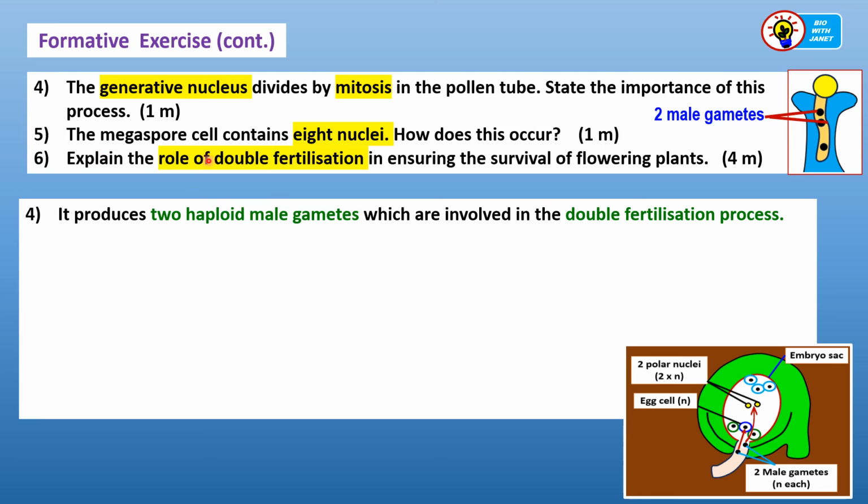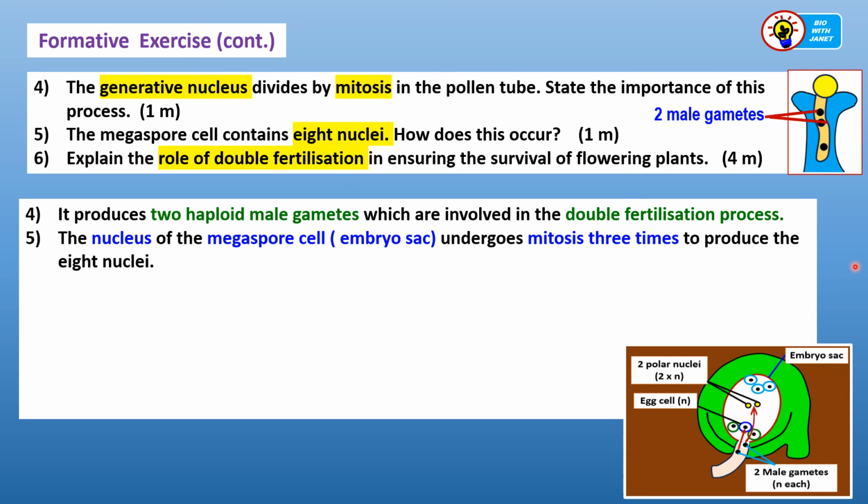Now, number 5, the megaspore cell contains 8 nuclei. How does this occur? So recall, where is the megaspore cell found? The megaspore cell is actually the embryo sac, so it's found in the ovule of the plant. And how does it contain 8 nuclei? A process occurs, which is mitosis.